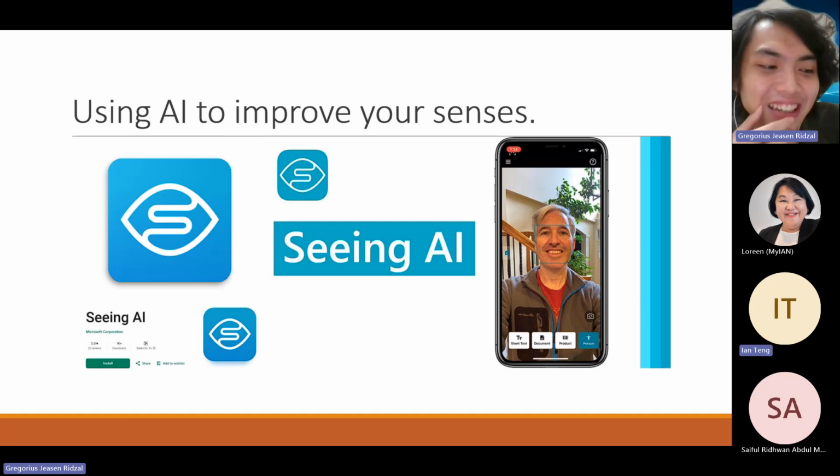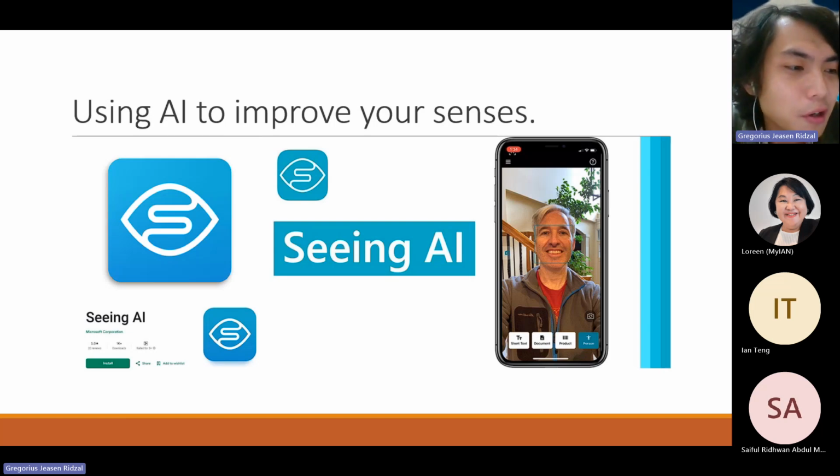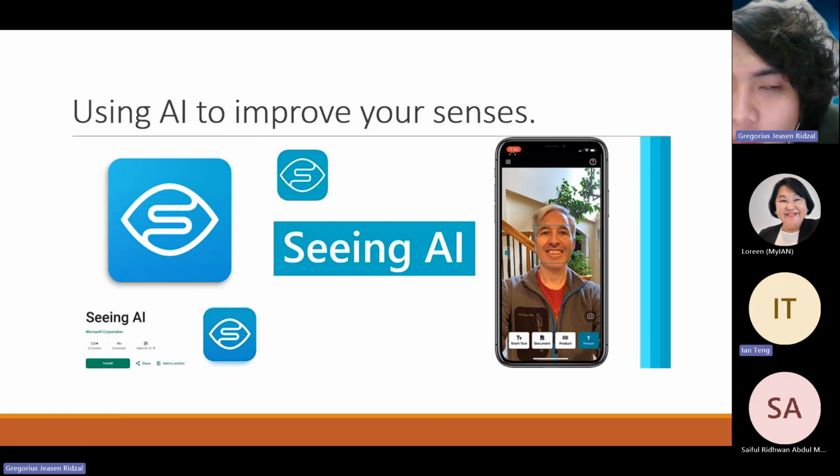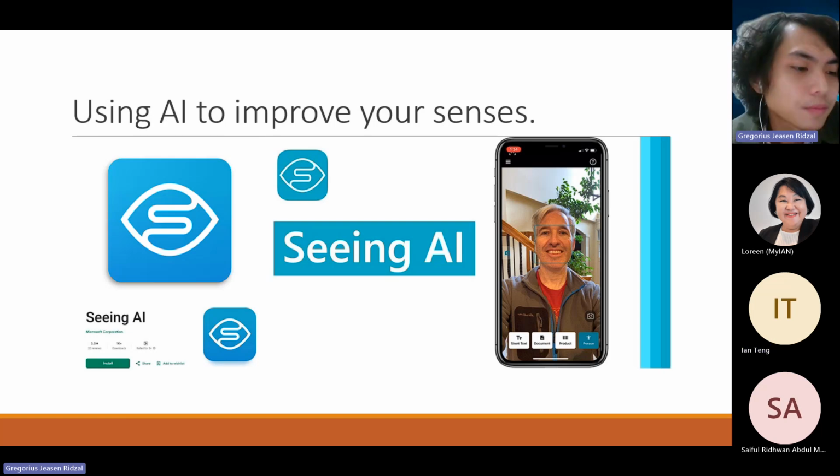So it's actually this neat little tool by Microsoft. I don't know if anybody here's heard of it. It does help people with poor vision. I have a video to show in a little bit. Do you know what Seeing AI is, Ian? I tried it for a few seconds and everything it sees, it will read it out to you. Oh, it's like a prompter kind of, is it?